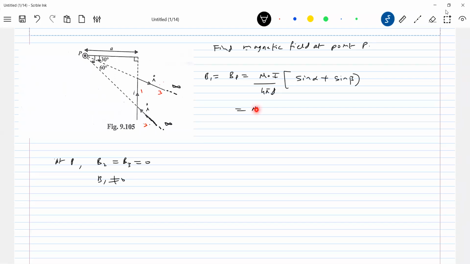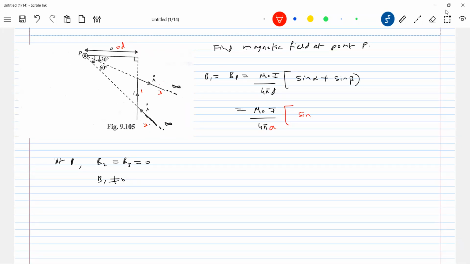So mu naught, and the perpendicular distance, this A will become equal to D, so write 4 pi A. Now for sine alpha and sine beta, how are we measuring them?